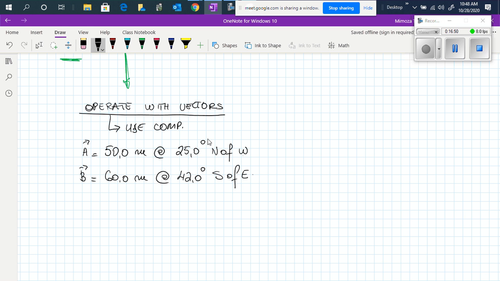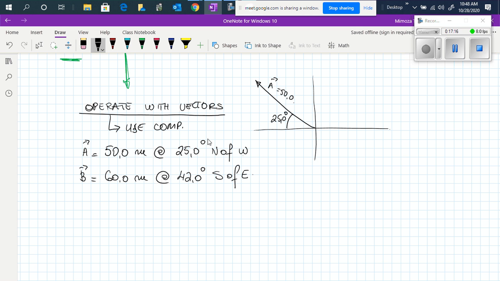We have a vector A that is between the north and west, and the magnitude of this vector is 50, which means that the line segment that represents this vector is 50, and then the angle with the west axis is 25 degrees.